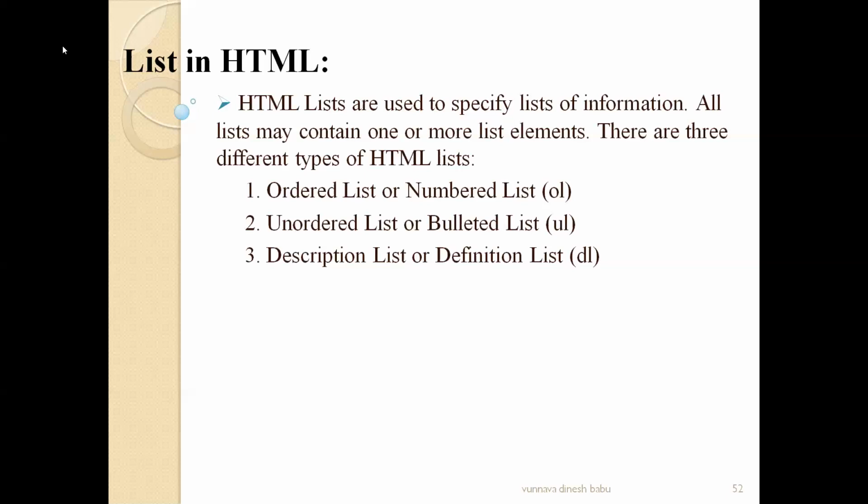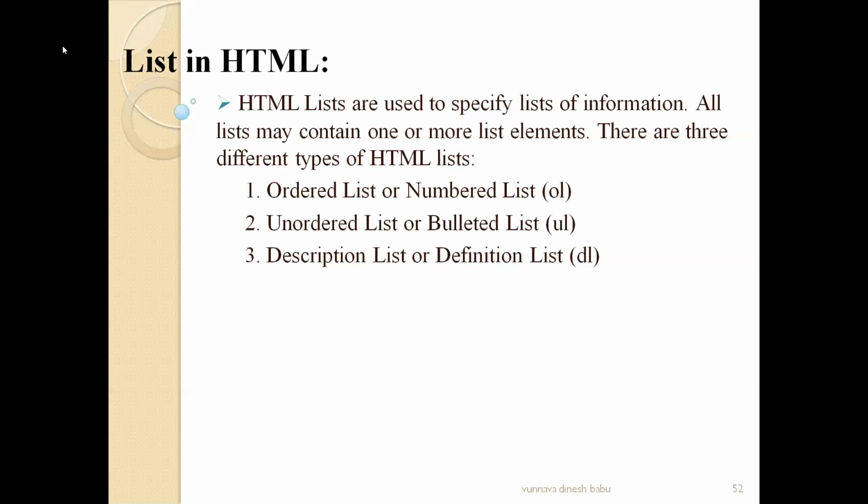So if we want to create a list on the HTML page, we have to use the li tag. Under the li tag, we have to specify whether we are going to create a numbered list, a bulleted list, or a definition list. Under the li tag, if we want to create an ordered list, we have to use the ol tag.